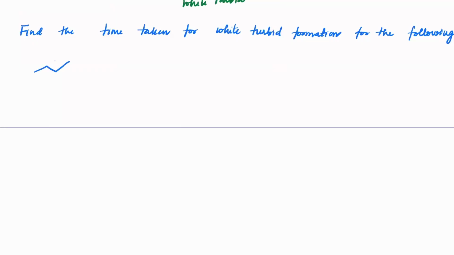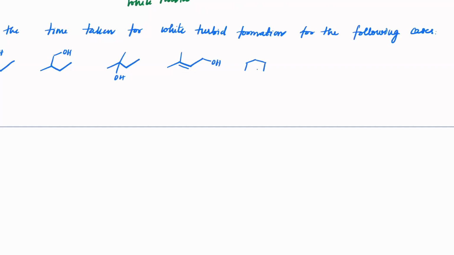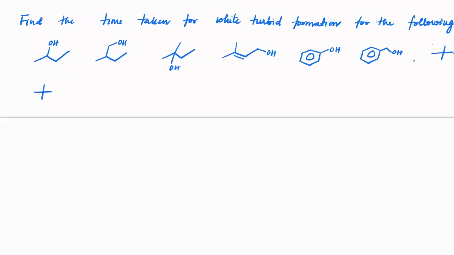Please check. First one, you have OH here. Second, you have OH here like this, and we have OH on the phenolic position. We have OH on benzylic position. Okay, then we have tert butyl alcohol, and we have an alcohol like this.